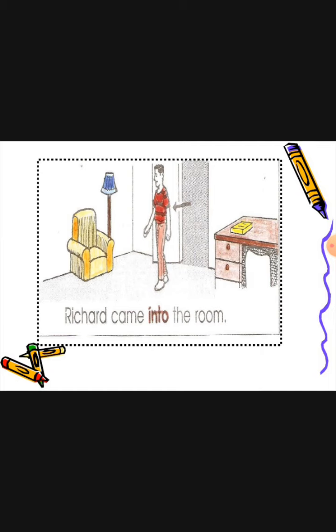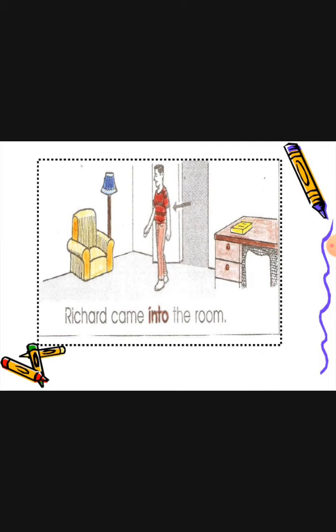Richard came into the room. When there is a movement and you are coming into the boundary of something, then we have to use the preposition into. What's the difference between in and into then? In means you are still and in the boundary of something. There is no movement. If you see the picture, the book is kept in the room.